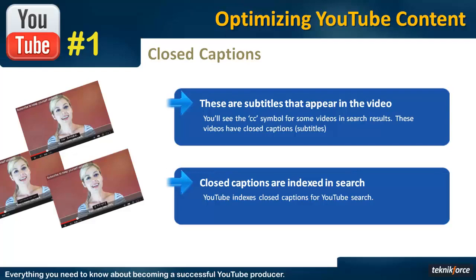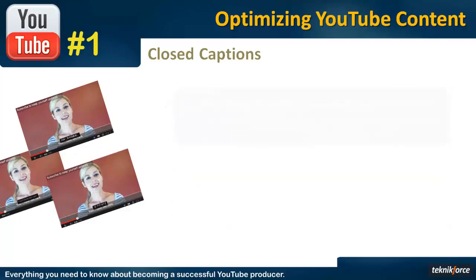And when somebody searches for something which is a part of your closed captions, there is a pretty good chance that your video will be returned for that search term if that search term is not high competition. So because closed captions is a part of search and you want to be found, there is a very compelling argument to include closed captions in your videos.